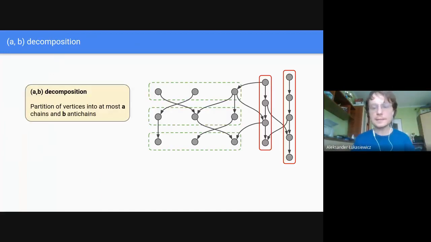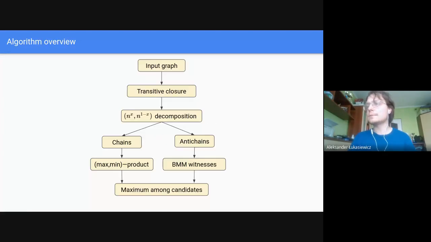So these insights motivate the notion of A-B decomposition that we use in our algorithms. A-B decomposition is just the decomposition of a DAG into at most A chains and B anti-chains. So the algorithm is: we compute a transitive closure, we compute some n^x, n^(1-x) decomposition, and I will show in a second how to do that.